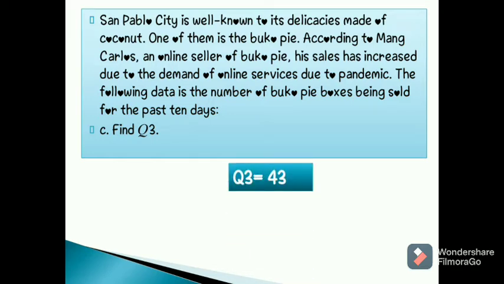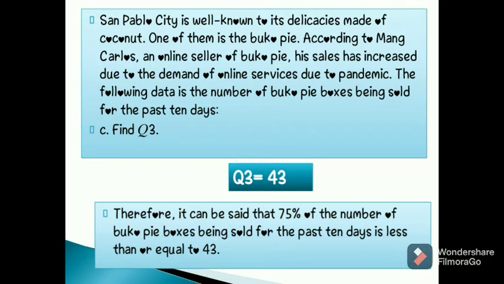To interpret, because we already got quartile 3 equal to 43, therefore it can be said that 75% of the number of buko pie boxes being sold for the past 10 days is less than or equal to 43. We will not include the whole paragraph in the interpretation.